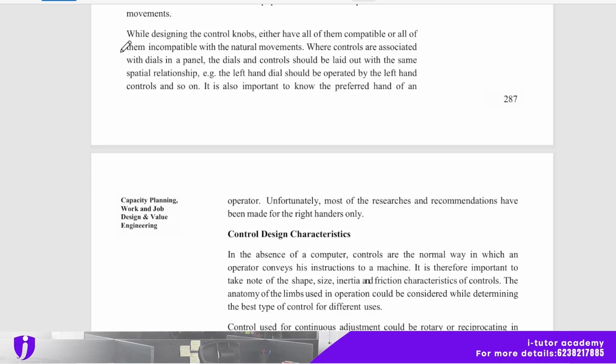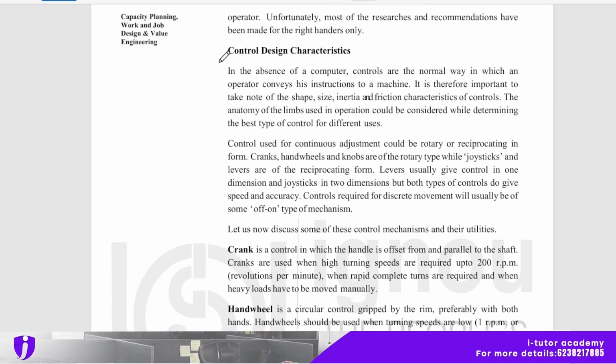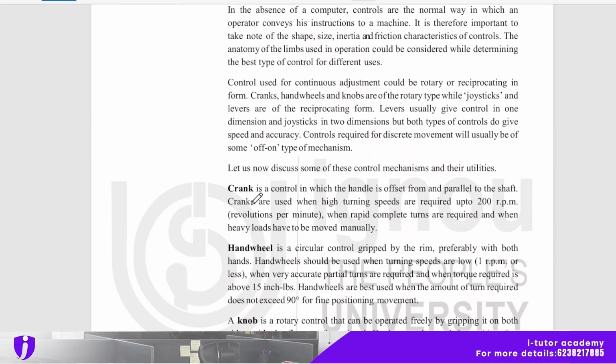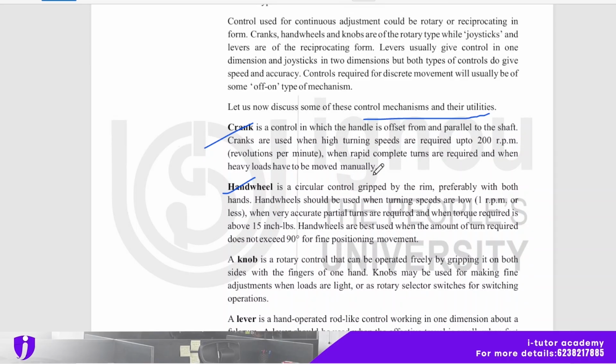So it is also important to know the preferred hand of an operator. And next is control design characteristics, and some of the control machines and their utilities are here. Then one is crank. It is a control in which the handle is offset from the parallel to the shaft, and hand wheel is there. It's a circular control gripped by the rim, preferably with both hands.